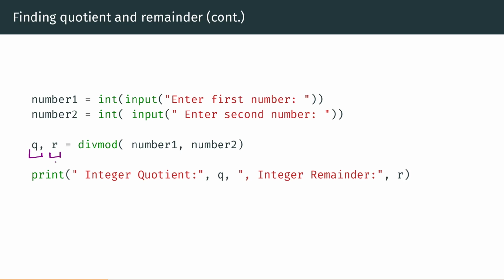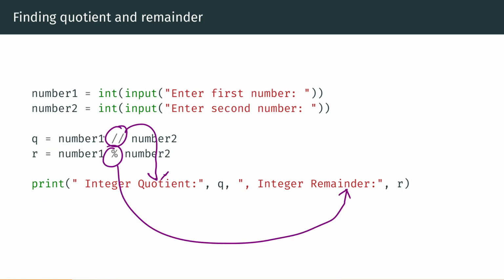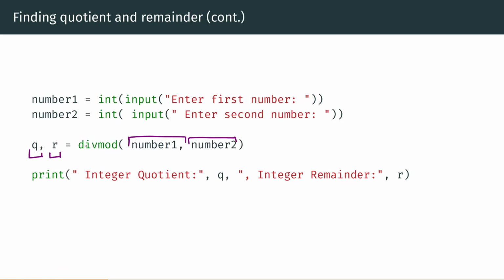This function will take two numbers, and it will return two values. The first value will store the quotient, and the second value will store the remainder. So if you don't want to use these two lines, you are free to use the divmod built-in function in Python.